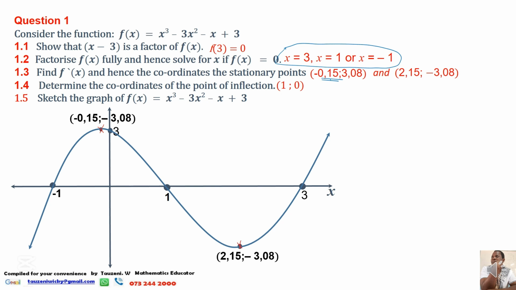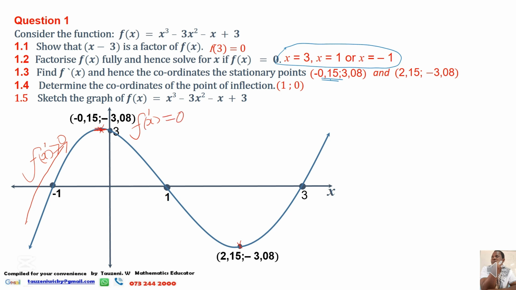Now, when a graph is drawn, just to add more information, even though it is not given here, the graph is increasing on one side because it is going up. So we say the gradient or the derivative for the function is greater than 0. It is positive. At the turning point here, the derivative, which is the gradient, is equal to 0.